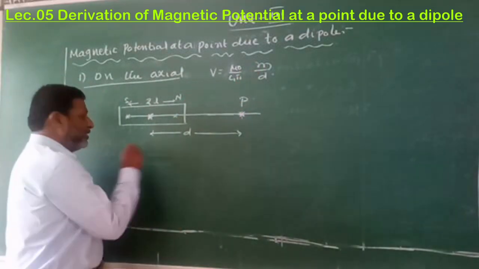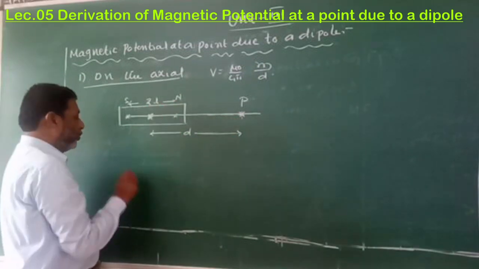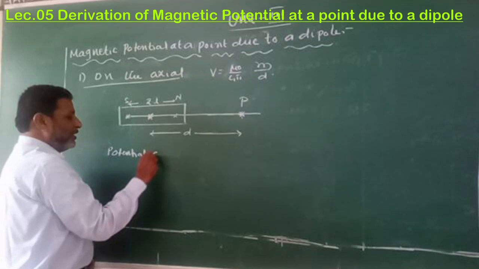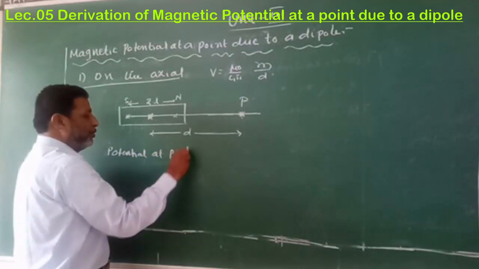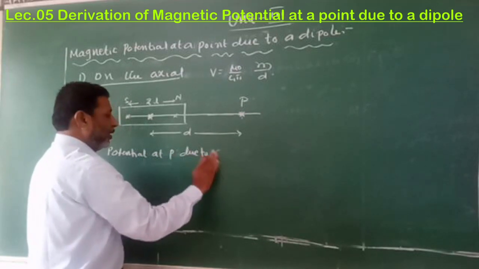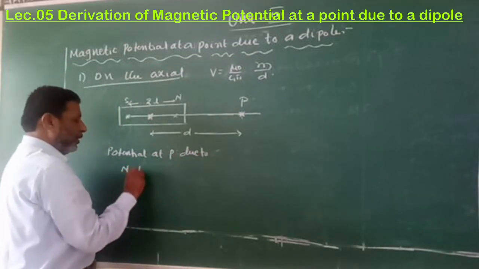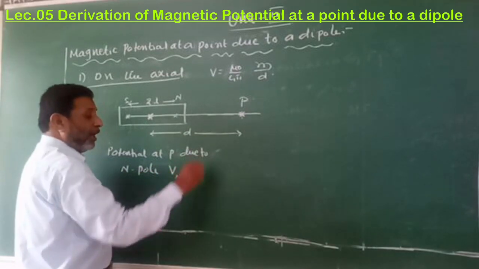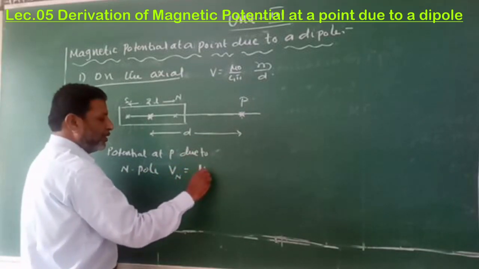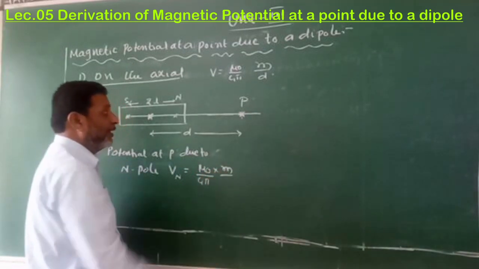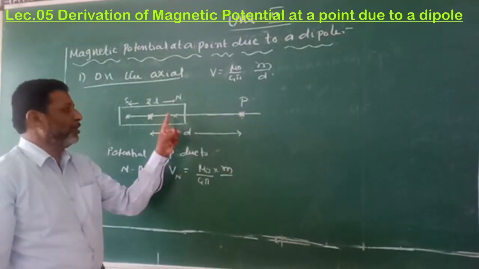Now, potential at P due to the North Pole, taken as Vn, is equal to, applying the formula, mu naught divided by 4 pi into M divided by the distance of the point from the pole.